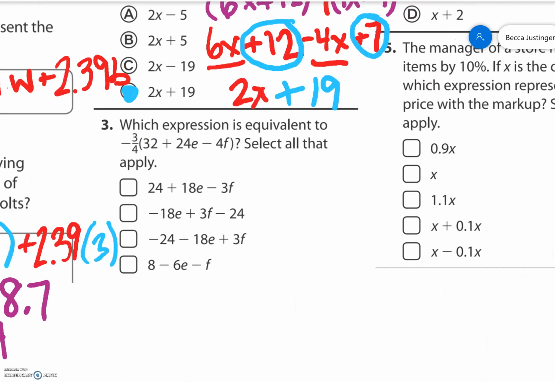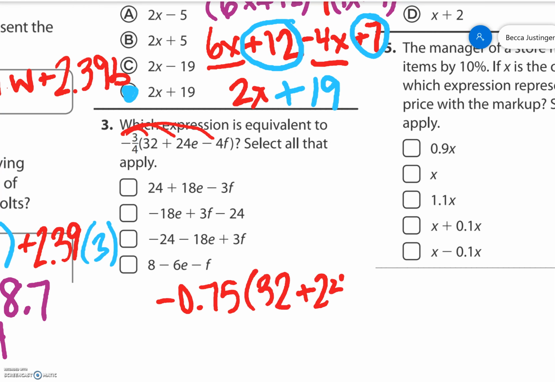Which expression is equivalent to -3/4 times 32 plus 24e minus 4f? So I'm going to distribute. Easiest will probably be to take that -3/4 and make it -0.75 times 32 plus 24e minus 4f.